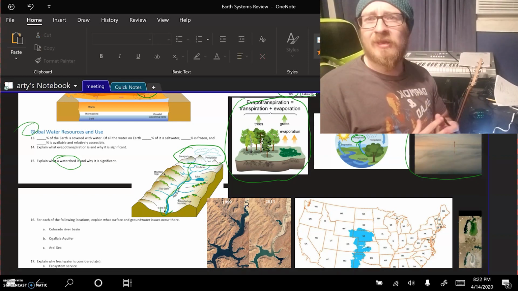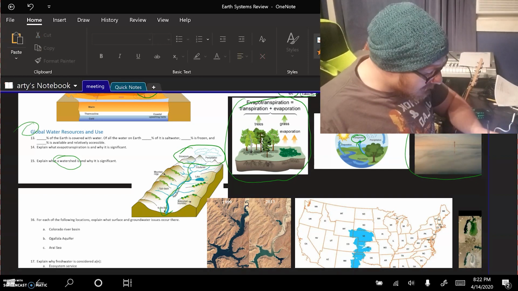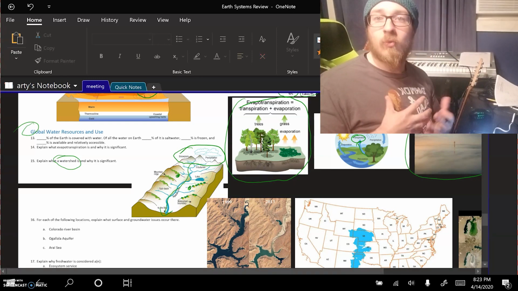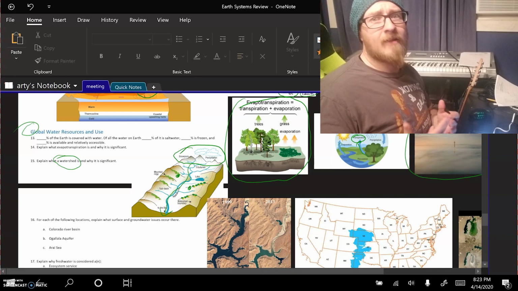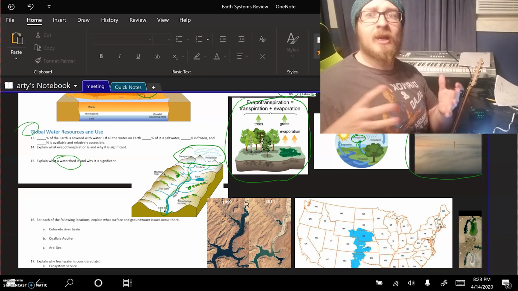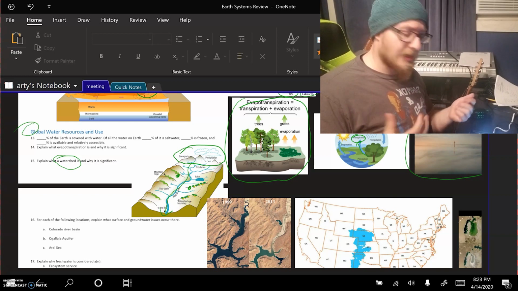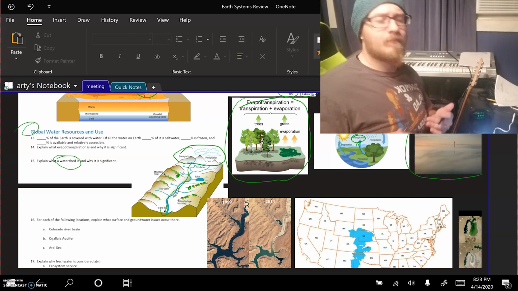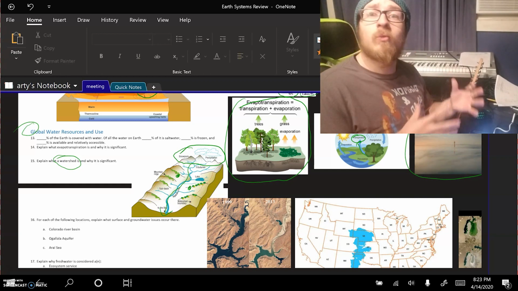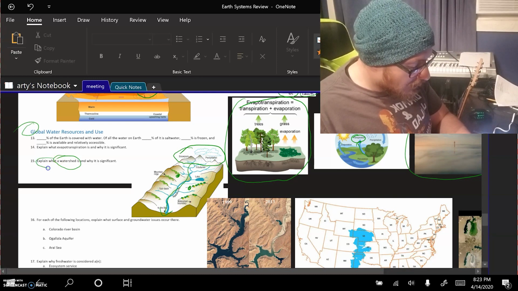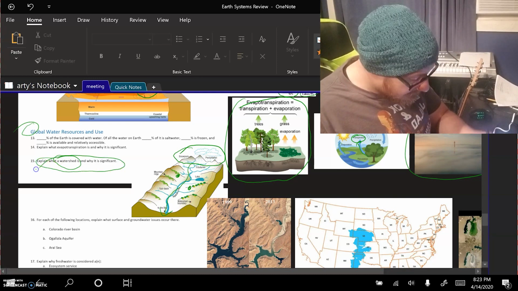The reason we like to think about watersheds is because the placement of things is very important to water quality. You don't want a hazardous disposal area in a place where that water can infiltrate the watershed. You don't want farms too close to a watershed because you might get runoff. So this is why thinking about a watershed is important.